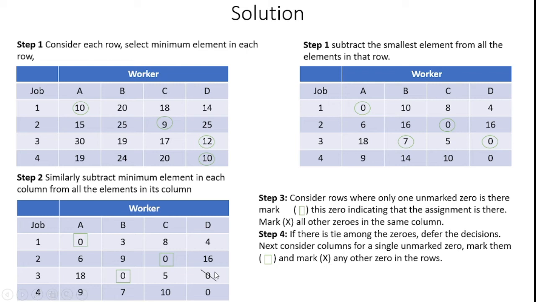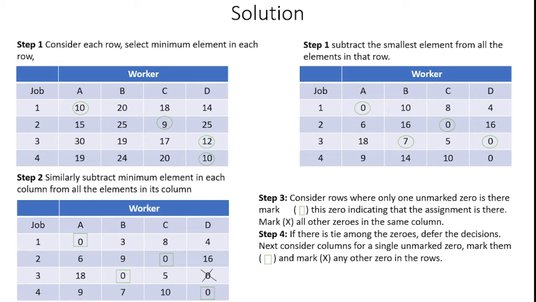Mark cross all other zeros in the same row or same column, so I introduce a cross mark for that respective 0 available in the column. After that, the other 0 available in the same column is the fourth job. So now I assign the fourth job to worker D. Likewise we can assign the jobs to the considered workers.